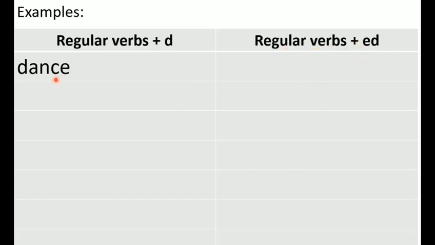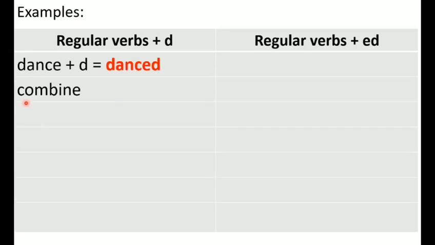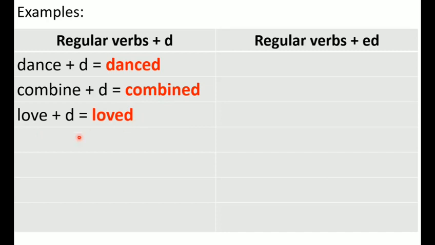Okay. For dance, just add d, it will become danced, alright, this is the past tense form. Okay, combine, just add d, and it will become combined. This is the past tense. And then love, just add d, it will become loved.